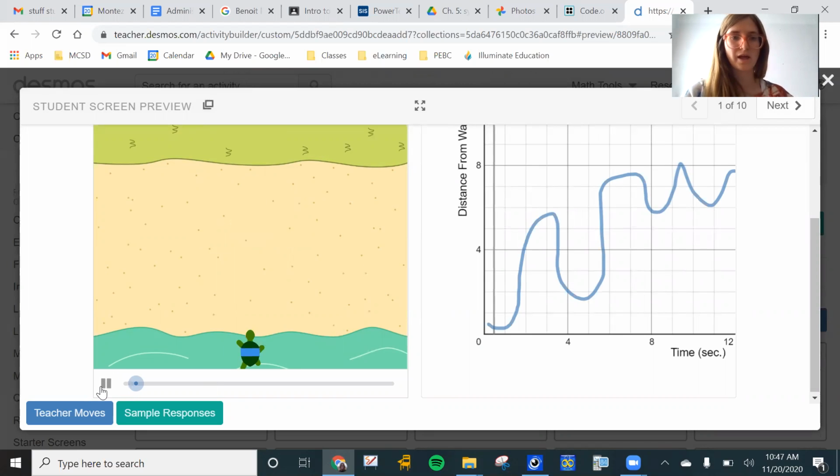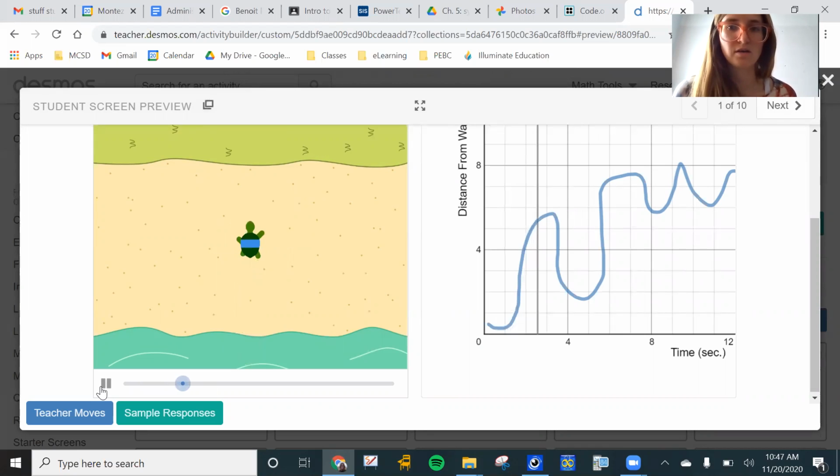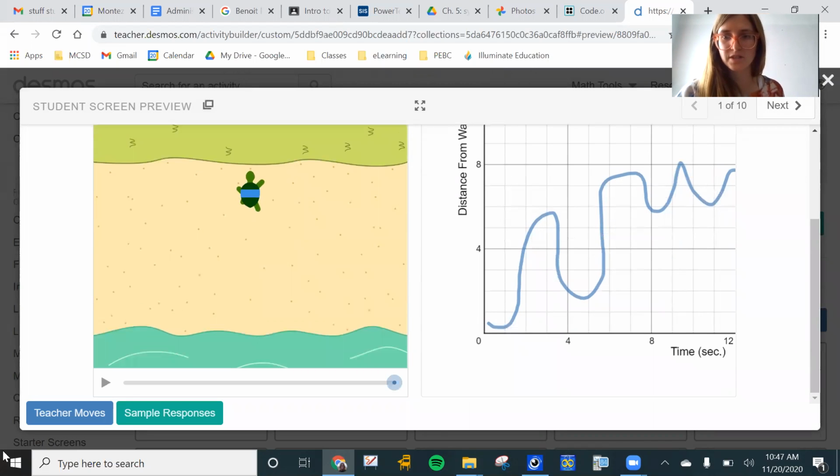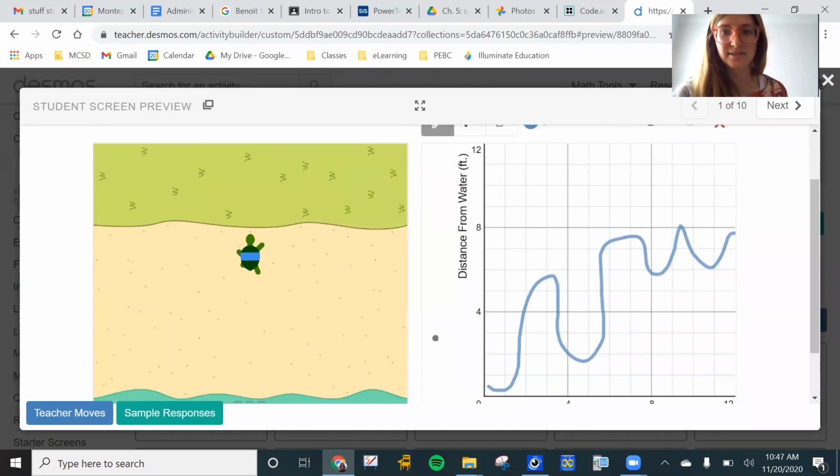I'm going to press play, and it's going to show me where the turtle goes. So we can see the time running along the x-axis, and the distance along the y-axis.